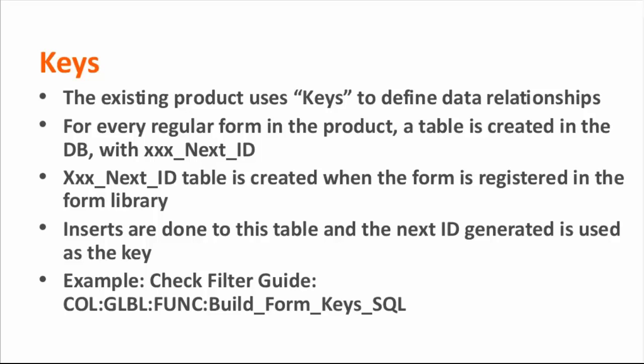And there is shared code written which goes and does an insert on that table, gets the last ID that was generated in that table and uses that as the next ID. That becomes the key or the unique identifier for that record. The same thing applies to all the forms and it's all global workflow. Pretty much the same concept applies to all the modules in the app.